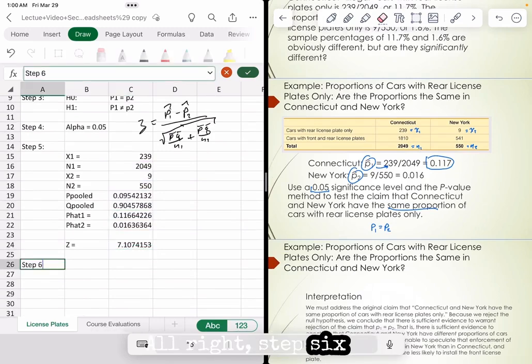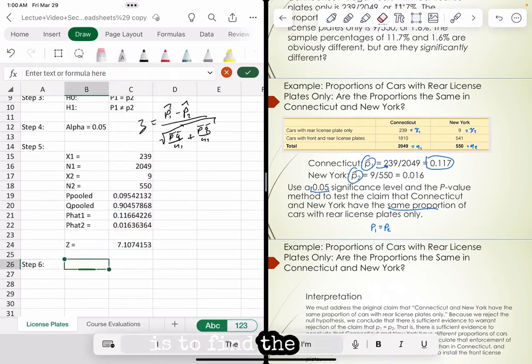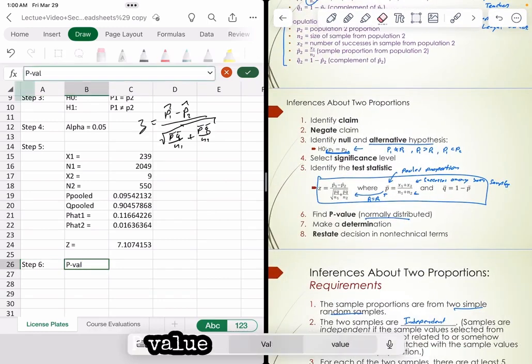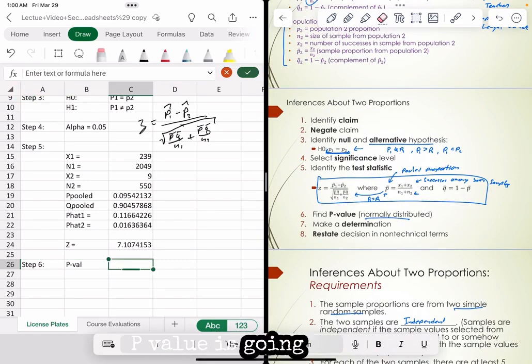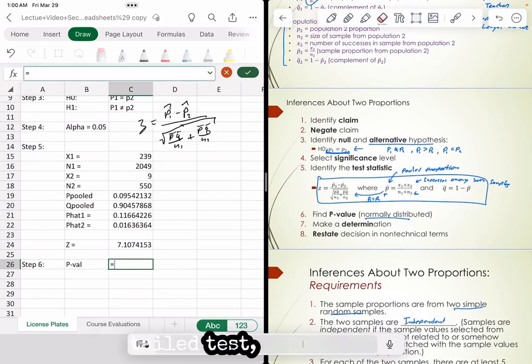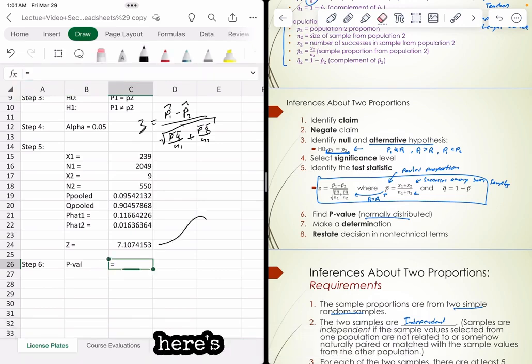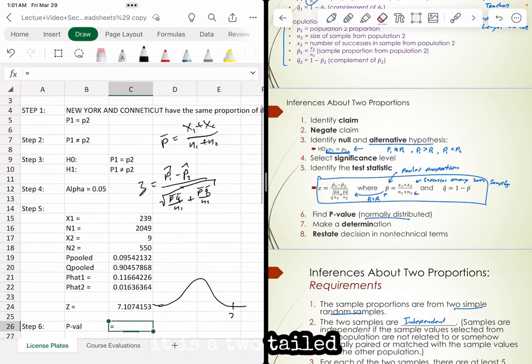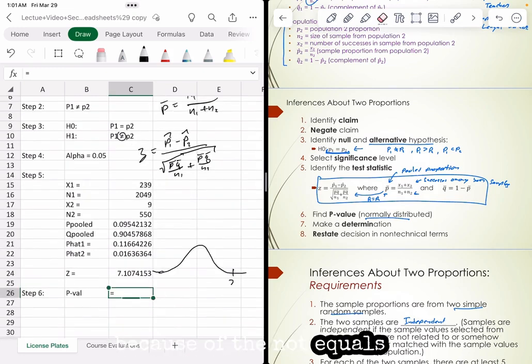All right, step 6 now is to find the p-value. It's normally distributed. P-value is going to equal, okay, now it's a two-tailed test, so I need 2. Here's my bell curve, and I'm way over here at 7 standard deviations. Now it is a two-tailed test because of the not equals. I want this area and this area.